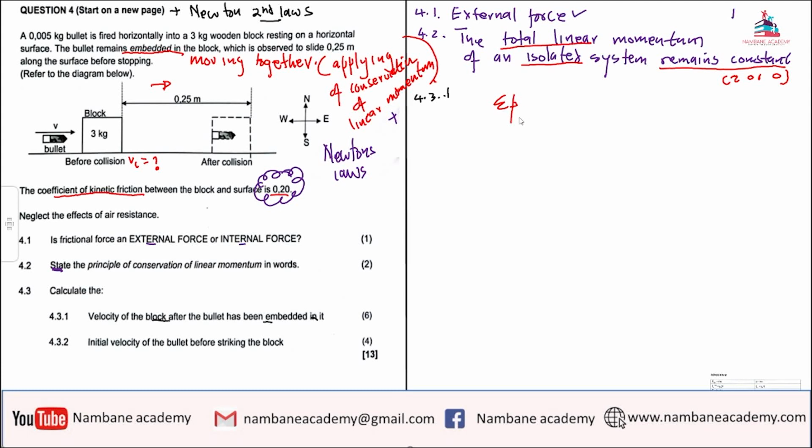If I want to use the sum of momentum before is equals to the sum of momentum after, I will have m of the bullet, v of the bullet, plus now m of the block, let me use small letter b, of the block, v of the block, and after collision I will have m of the block plus m of the bullet and moving at the combined velocity.